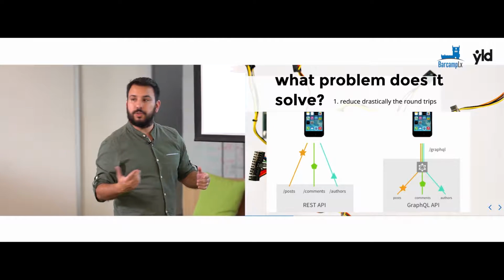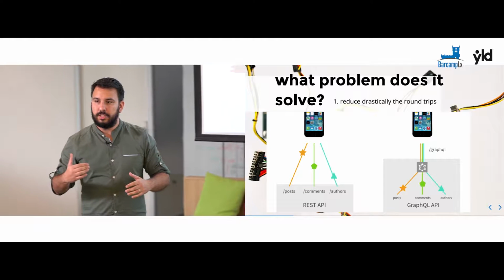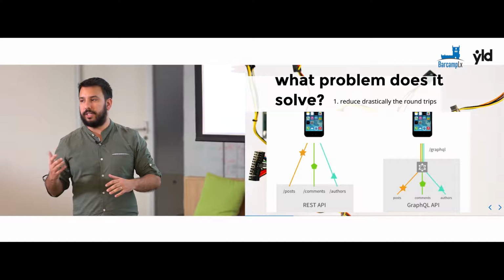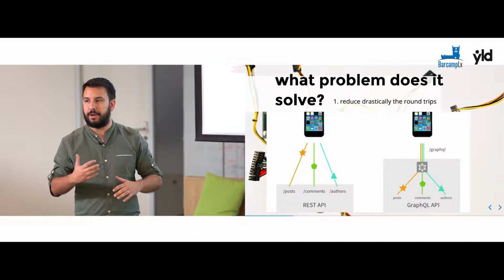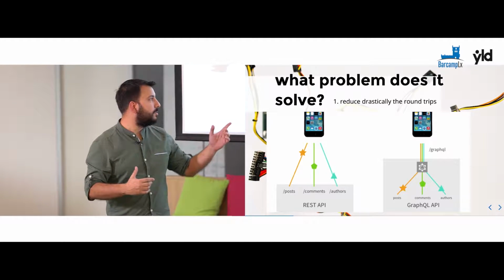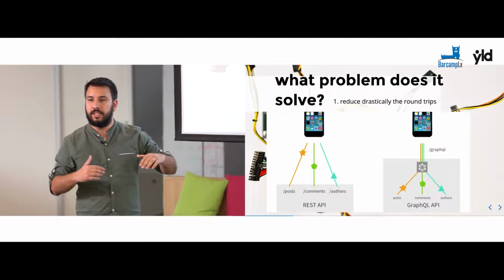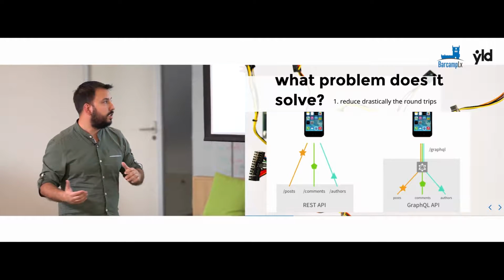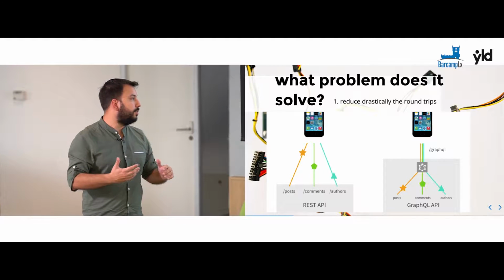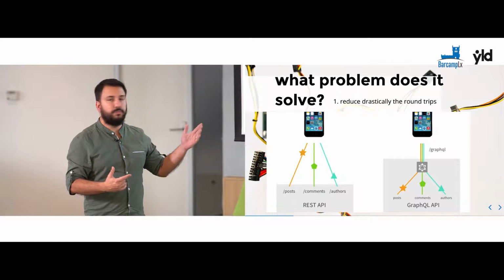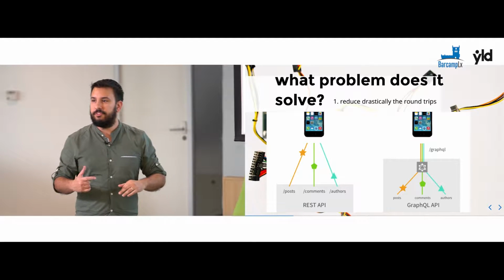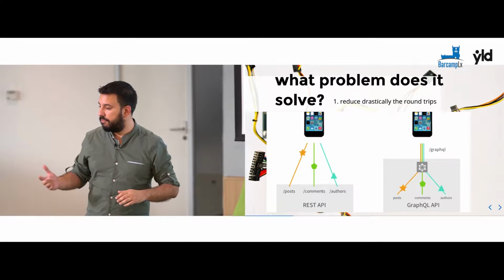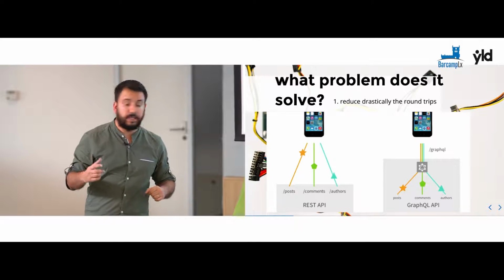With GraphQL, you don't have to do that. You have a layer between the client and the server, and this layer could be, for example, in the same server as the microservices. This layer is going to assemble all of the resources you need, and it will return just the data you need. So if you have, for example, to do 5 round trips to the server, you are going to do just 1.